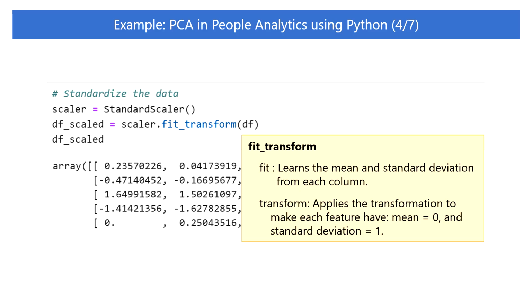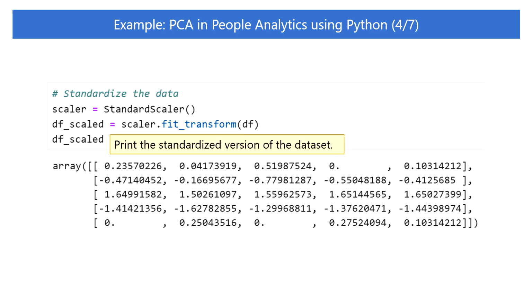This function contains two tasks, fit and then transform, that is, learning data and transforming data. Fit learns the mean and the standard deviation from each column. Transform applies the transformation to make each feature have mean equals 0 and a standard deviation equals 1. Then, print the standardized version of the dataset. It is now a NumPy array, not a data frame.